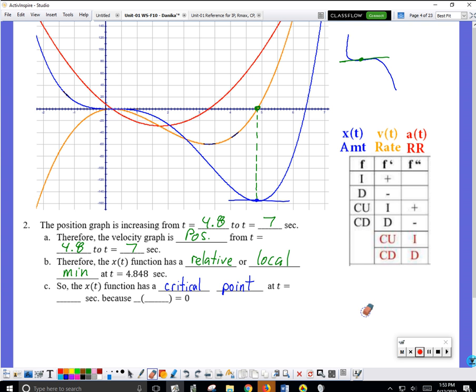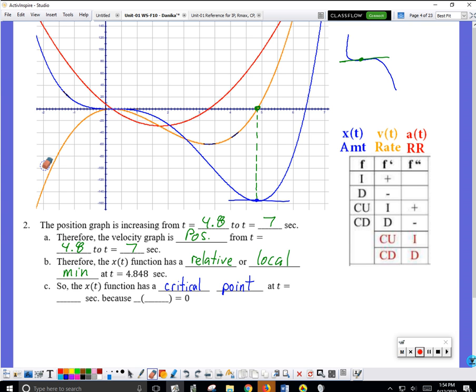So what will confuse people is, on a test, they might give you the velocity, and they'll say, where is the critical point of the position? So you look at the definition and say, okay, I'm trying to find the critical point of the position. The position has a critical point when the tangent slope of the position is 0.